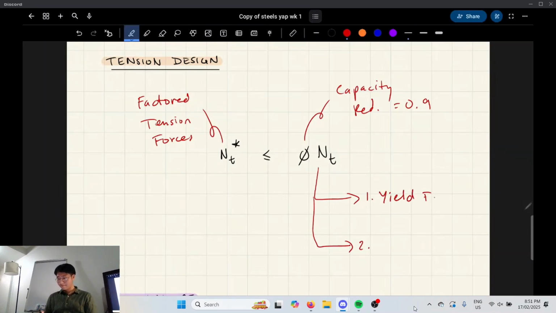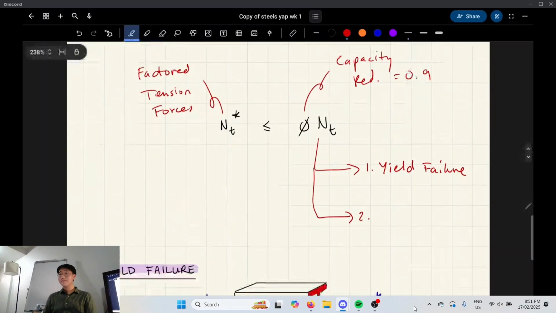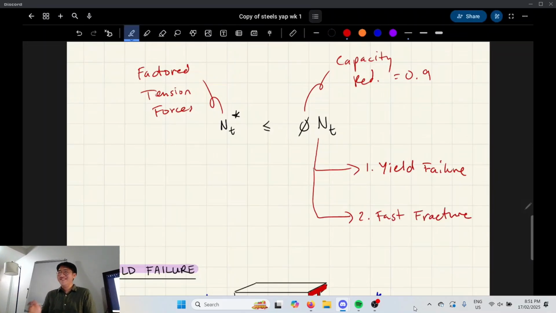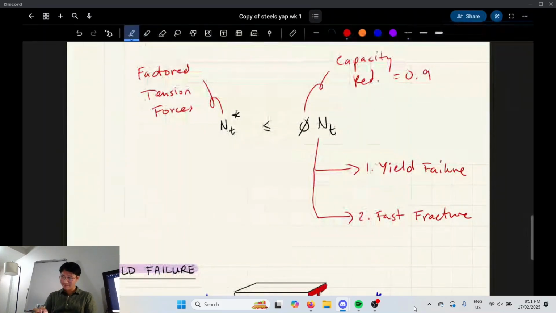What's the other one? Twisting. No? Oh, fast fracture. Very good. Anyway, we'll see what those are below.